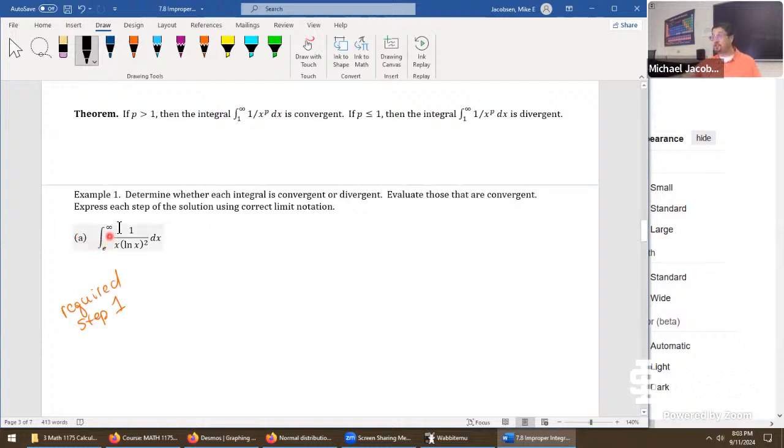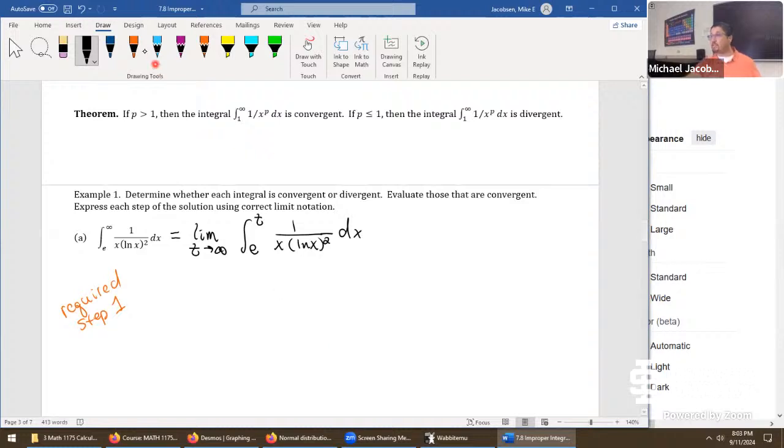This is extremely vague when you're saying you're integrating from e to infinity. The way we make this concrete is we say we're really doing this. We're taking the limit as t goes to infinity of the definite integral from e to t of 1 over x times the natural log of x, squared, dx.